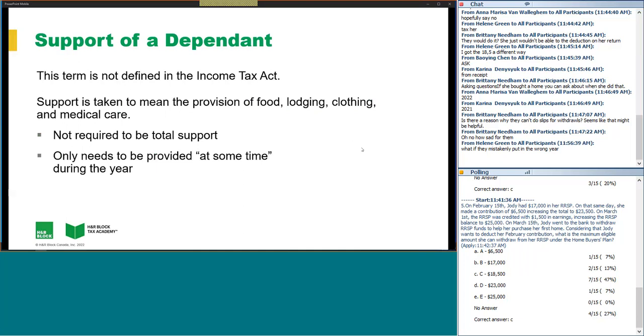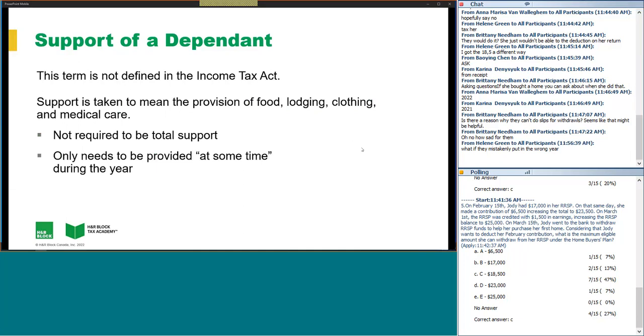So lots and lots of legal cases have determined kind of what support means. Most of the time, it means the provisions for the necessities of life. The necessities of life are food, lodging, clothing, and to some extent medical care. And it's almost always, there's one exception on the return for this, but it's almost always financial support.